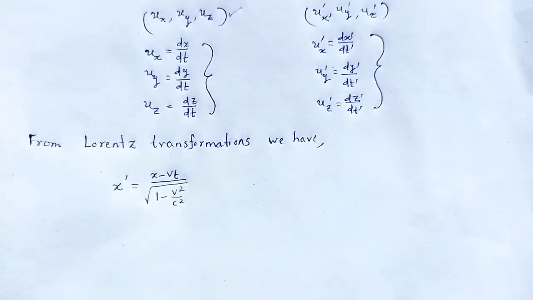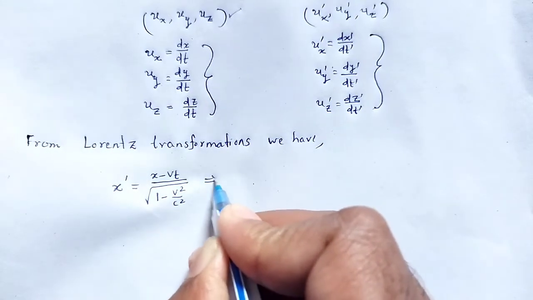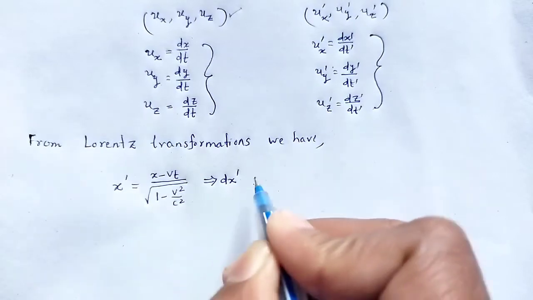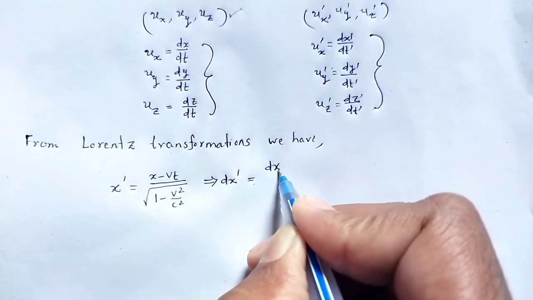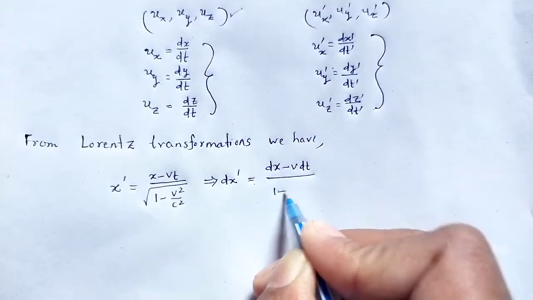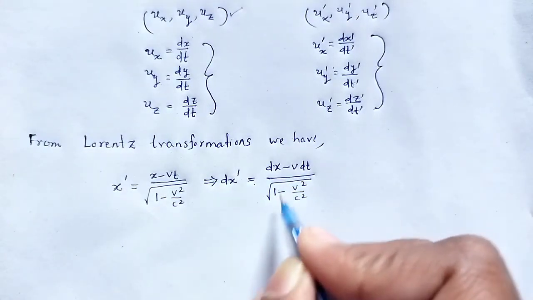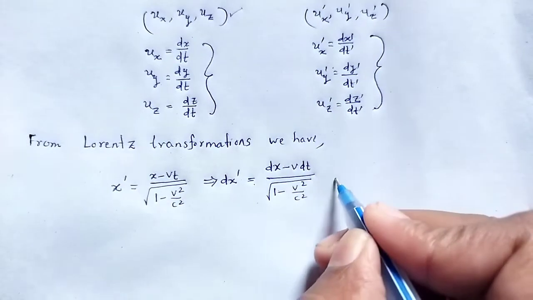Therefore, differentiating this, we find dx dash is equal to dx minus v dt divided by the square root of 1 minus v square by c square. Since this term is constant, it is always constant.